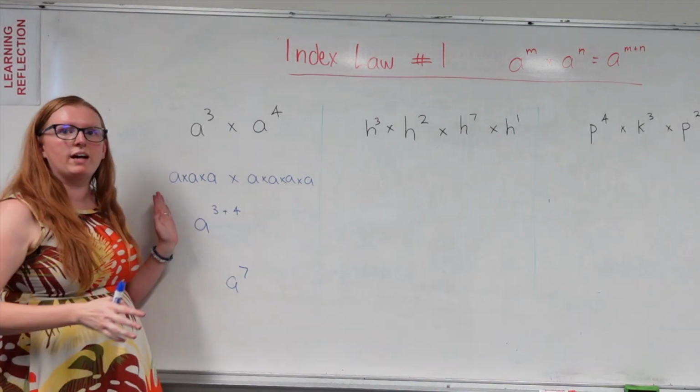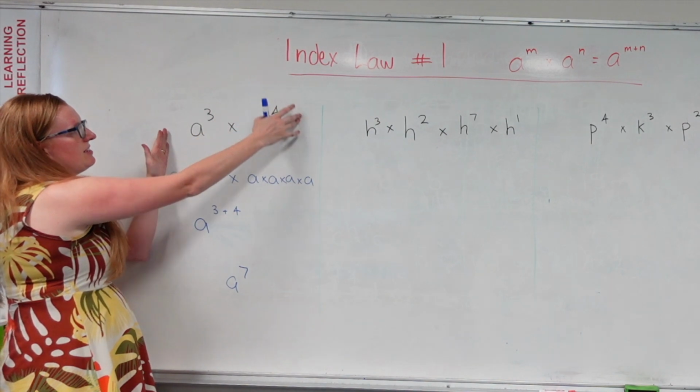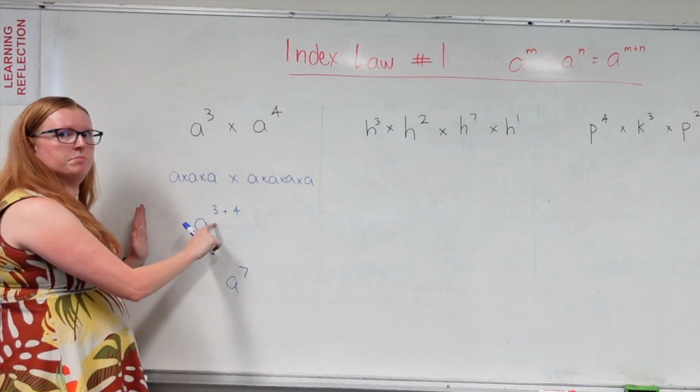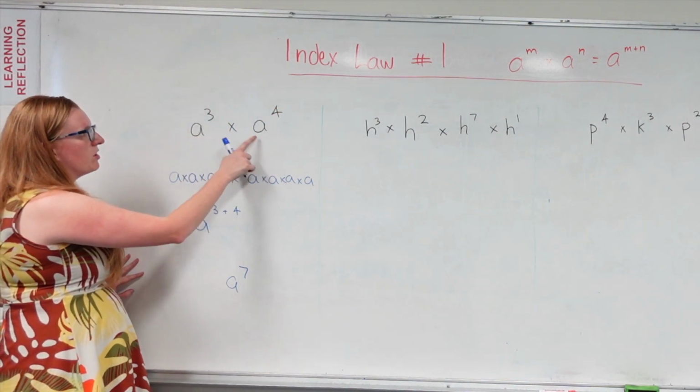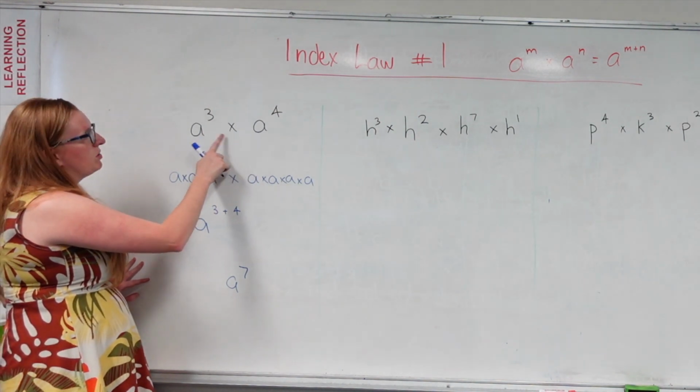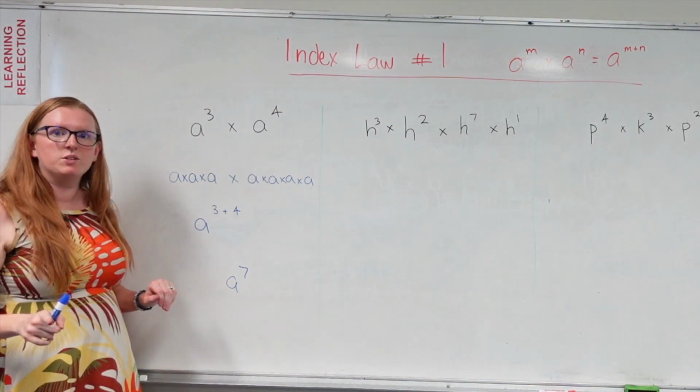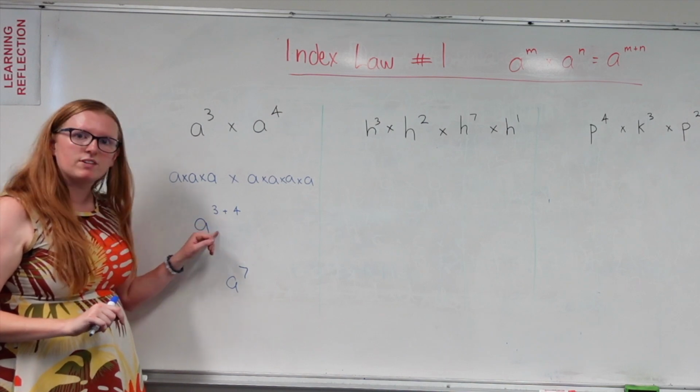So a faster way of doing these indices is adding them, okay? And that's if I've got my bases the same and I'm multiplying, okay? Cool, so that's index law number 1 right there.